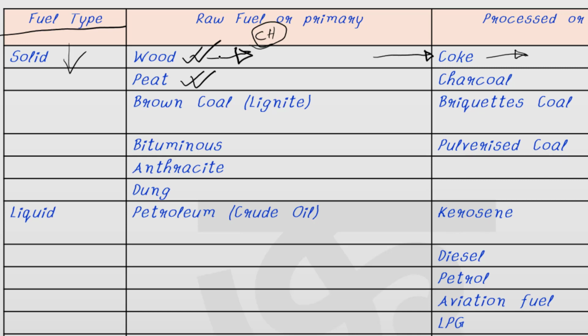What is peat? It's a soft, dark brown coal. It is also coal, and this is the first step in the formation of coal. We all know coal takes millions of years to form. So at the first stage, what is the origin of coal?